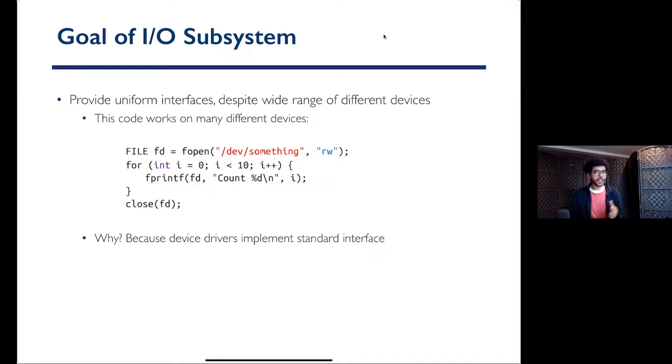We're just going to treat them as files. We're going to map them to a certain file address, and then we're going to open them, write to those files, read from them, and then close them. So this is the goal, and this is how Linux, at least, or Unix-like operating systems treat different devices. They map them to file addresses, and they communicate with them through reading and writing to those files.